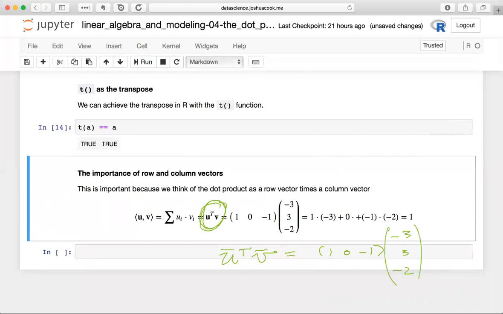And I think that this is the easiest way to write a dot product operation. Okay.